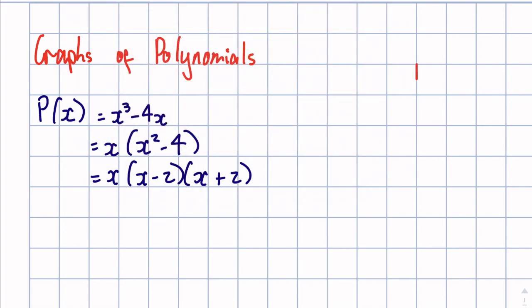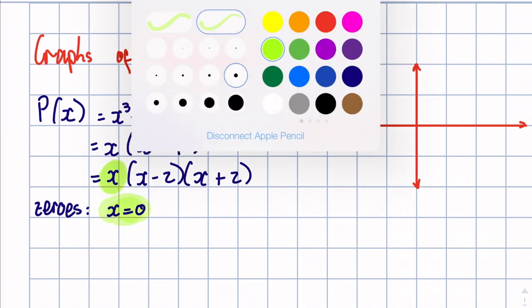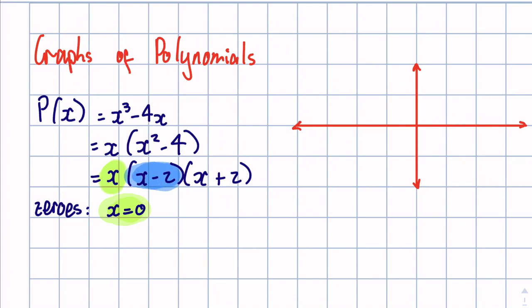Well, first of all, we'd have to think to ourselves, what are our zeros? Well, first of all, we've got this one, and that's x equals 0. We've got this one.